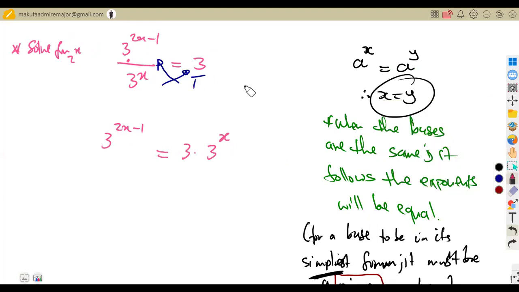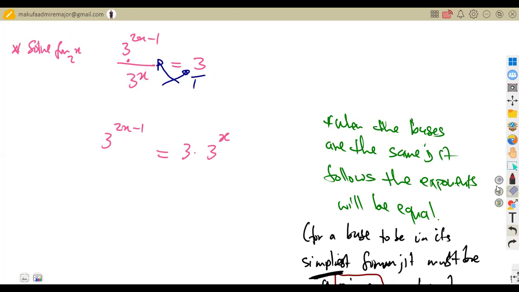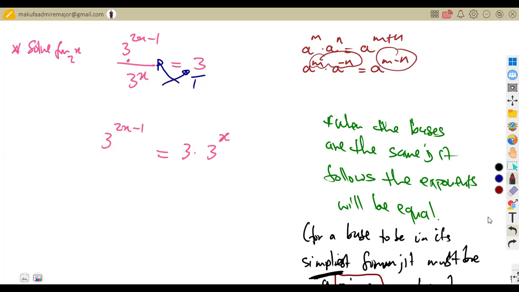Let me just remove this and consider this. Remember, if we have a to the exponent of m times a to the exponent of minus n, it gives us a to the exponent of m minus n. If we combine this, we get m minus n.